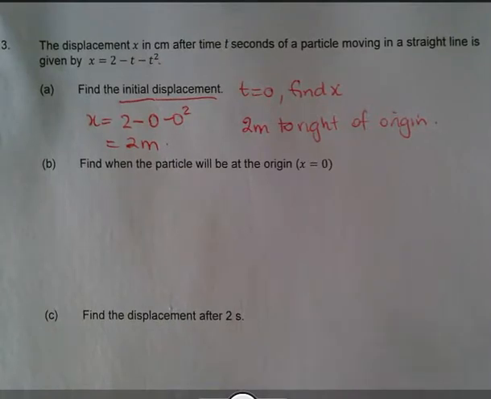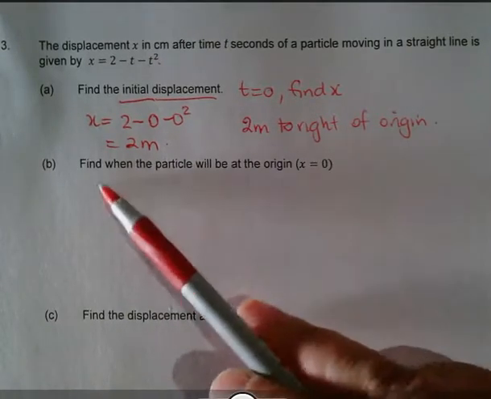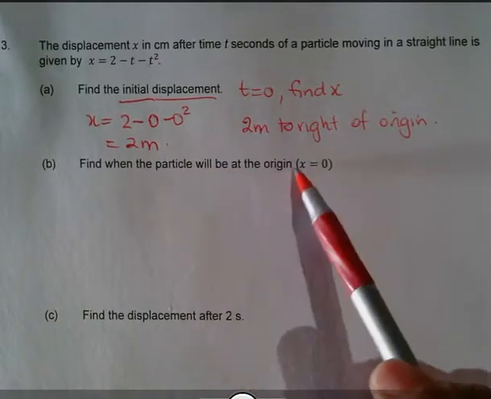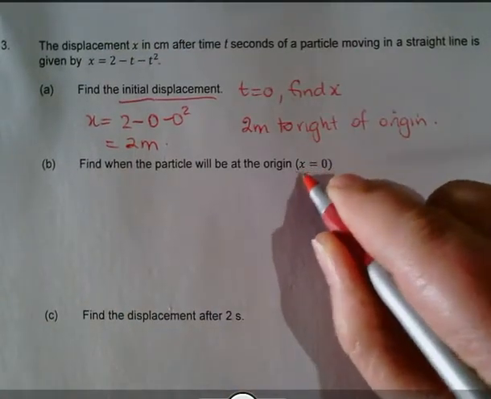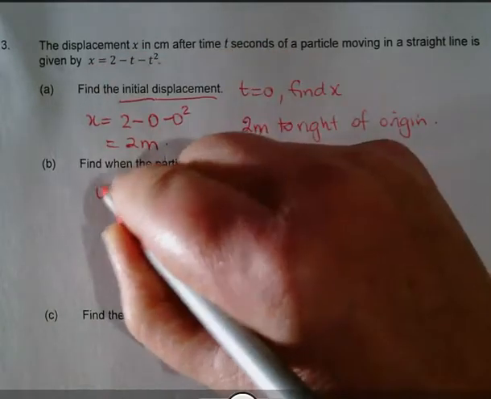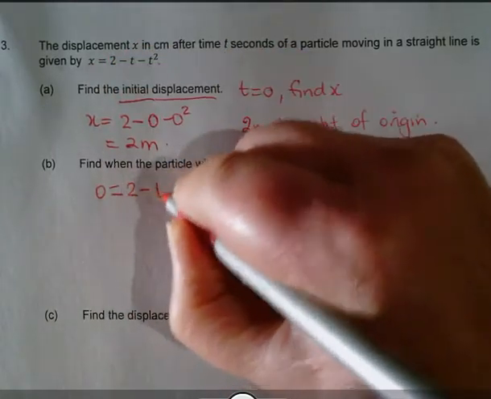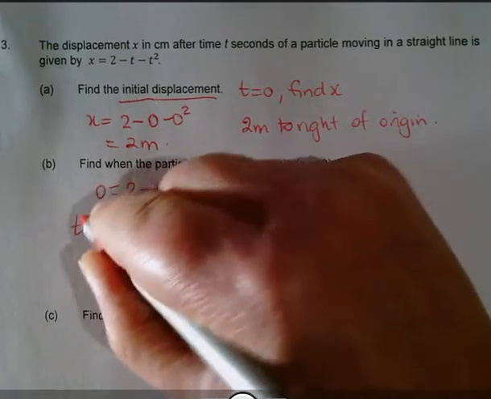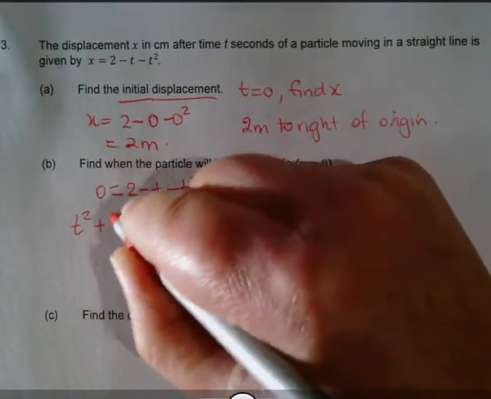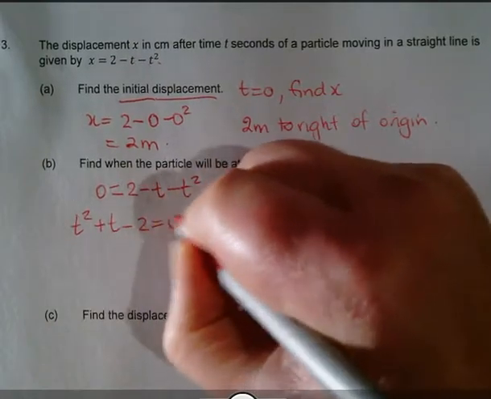Okay. And then it asks, find when the particle will be at the origin again. If the particle is at the origin, x is 0. So I substitute x is 0 into my equation here. Now to be able to factorize that, let's take everything over to the left. So I've got t squared plus t minus 2 is 0.